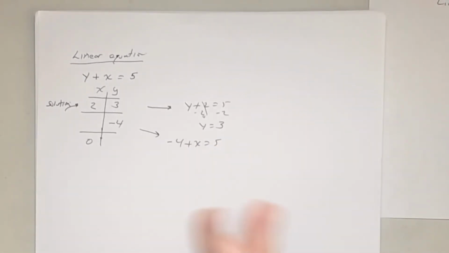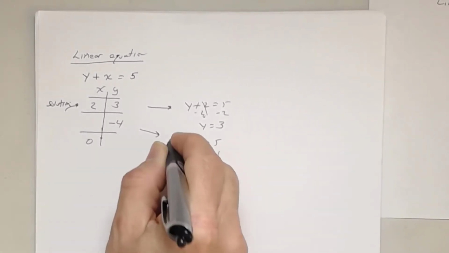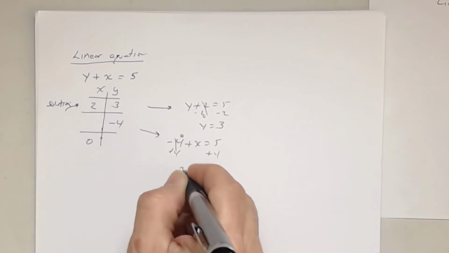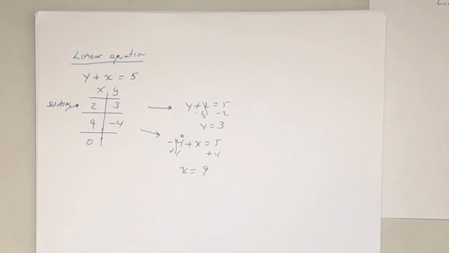Then use what you've learned before to get the variable X by itself: add 4 to both sides. Now I found my X coordinate, which is 9. So I found another solution, because when I plug in 9 for X and -4 for Y, 9 plus -4 is 5.